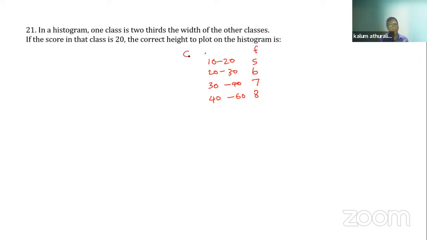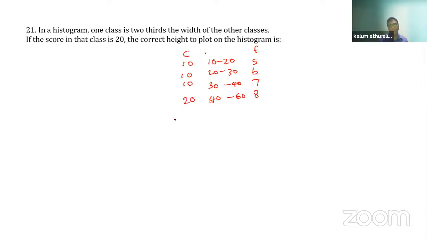Then normal class width is 10. Difference between these two values. How to find the class width? Difference between class boundaries. Right, 10. Here is 10, here is 10. What is the class width of this interval?